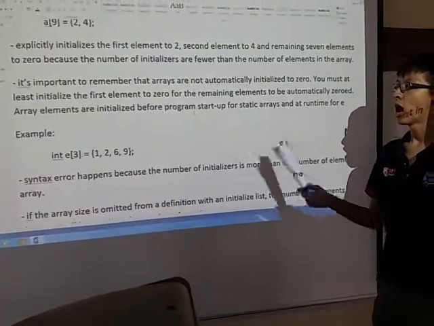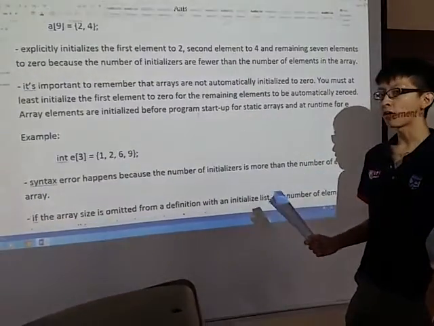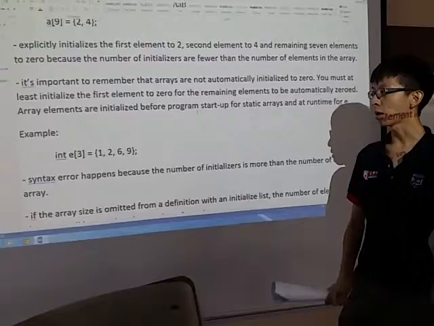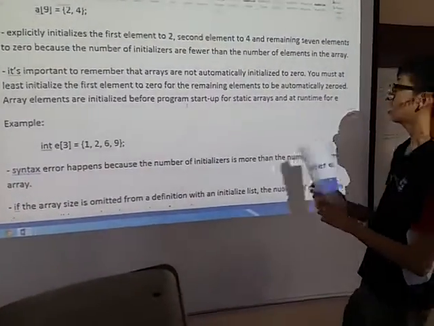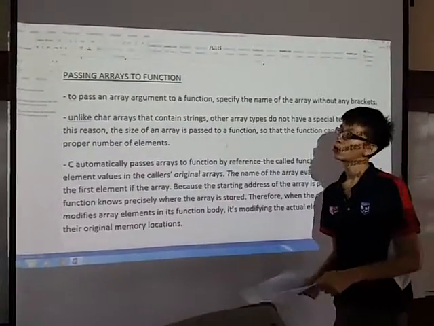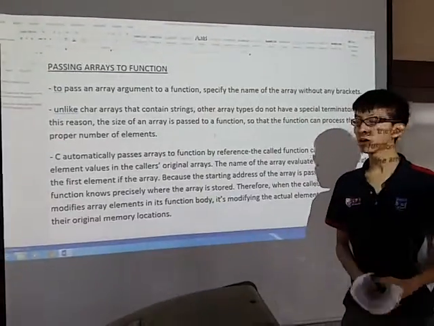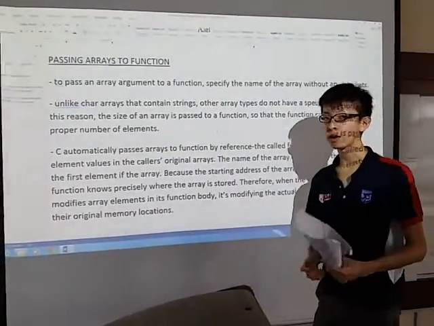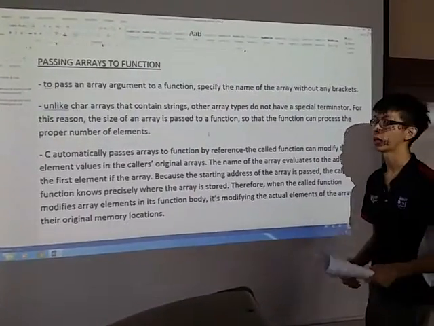Array elements are initialized before program start up for static arrays and at runtime for each start. So actually it's also very important to pass arrays to functions. If we really want to pass an array argument to a function, specify the name of that array without any brackets.